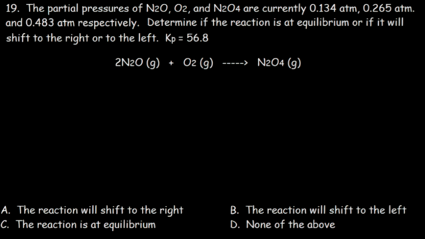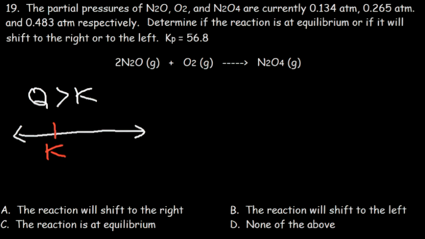So what we need to do is find Q, which is the reaction quotient, and compare it to K, the equilibrium constant. So if Q is greater than K, it's going to shift to the left. One way you can visualize it is you can put K on a number line and put Q to the right. Because Q is greater than K, it's going to shift towards K, so it shifts to the left.